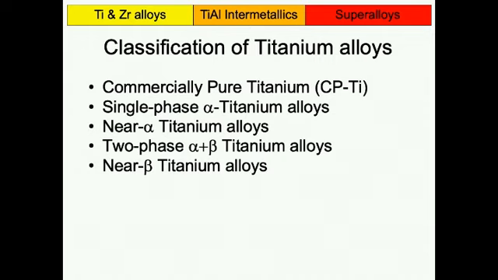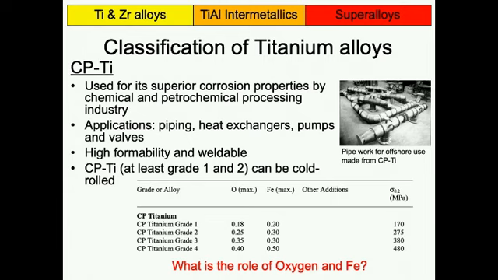Still, interestingly, they don't necessarily have more than 50% beta, even though they're called near beta. They are very, very strong, but they are very expensive to manufacture. But we will also discuss those alloys a bit. Okay, so commercially, let's start with the commercially pure titanium.